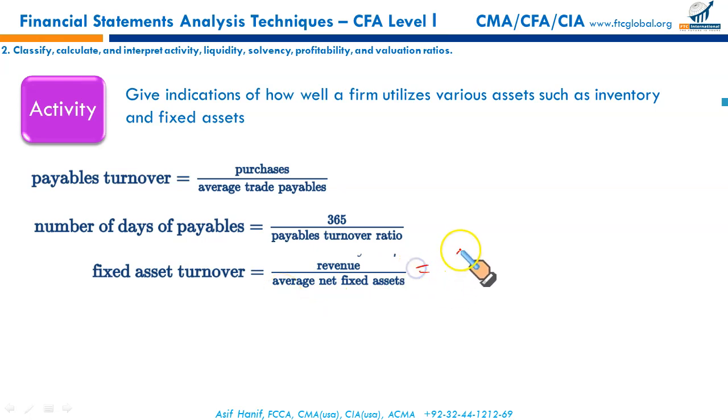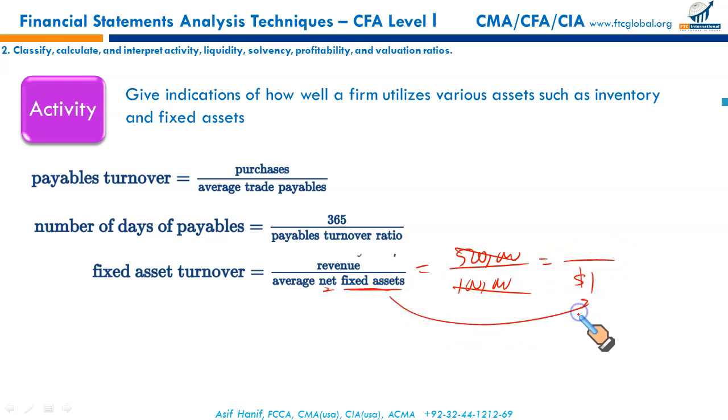Let's say my revenue is $500,000 for the period and my average net fixed assets, meaning after deducting accumulated depreciation and any impairment losses, let's say for the sake of simplicity, is 100,000. It tells me that $1 of investment in fixed assets has generated sales of $5. Good or bad, I can't say unless I have some suitable comparator. $5 sale has been generated by investing $1 in fixed assets.